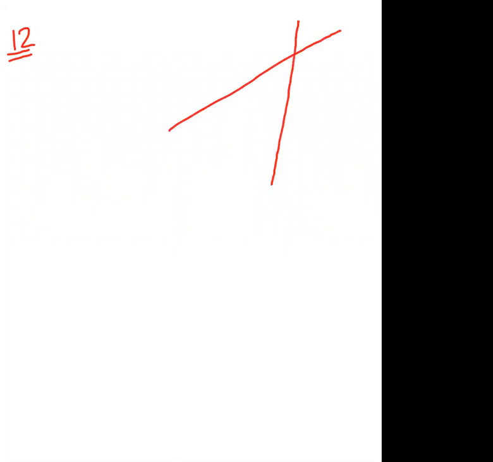They are passing through the point 2, 3 and they are making an angle 60 degree. Listen carefully again. If the slope of one line is 2, find the equation of the other line.